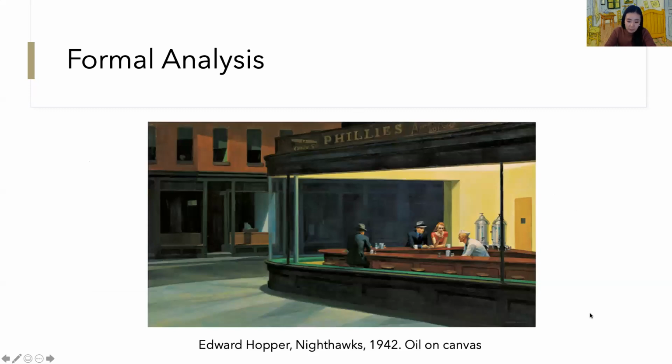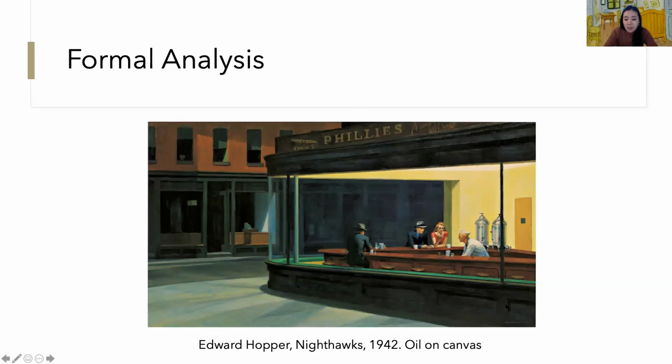So I will proceed with the formal analysis of this work of art. This is Edward Hopper's painting, Nighthawks. It conveys a sense of absence and loneliness when you see this painting.